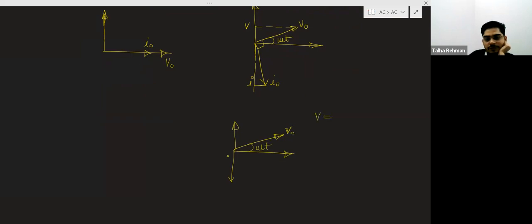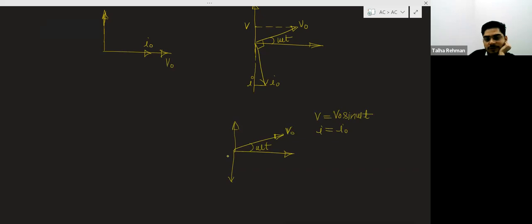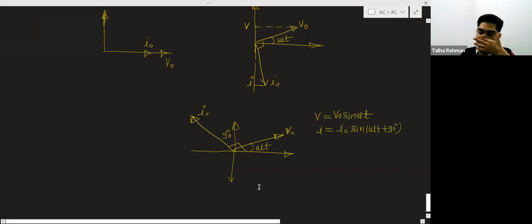The equation of voltage is V equals V naught sine omega t, and the equation of current is I equals I naught sine (omega t plus 90 degrees). So current is leading the voltage by pi by 2. Current will be like this. This is I naught and this whole angle will be 90 degrees.